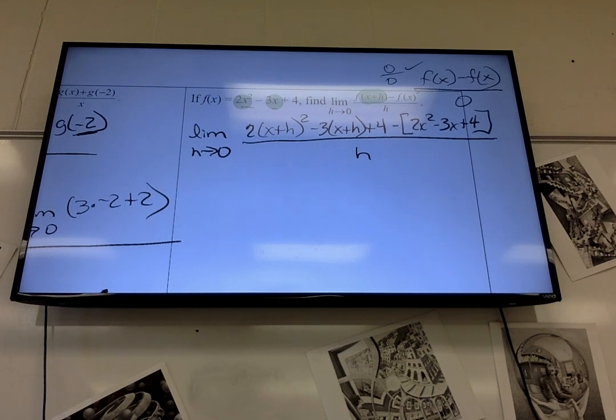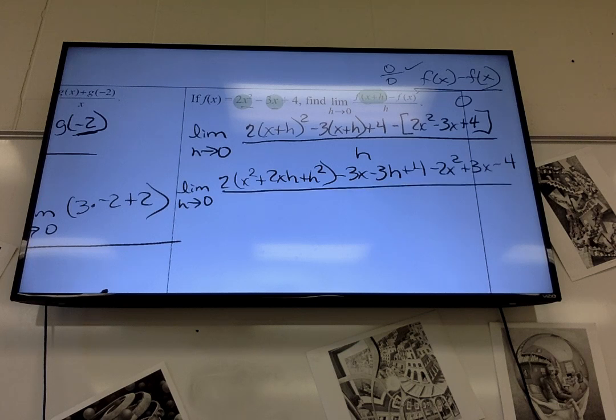So we have x plus h squared. So I have 2 times x squared plus 2xh plus h squared, minus 3x minus 3h plus 4. Subtract 2x squared plus 3x minus 4.